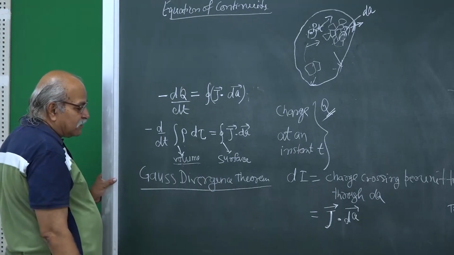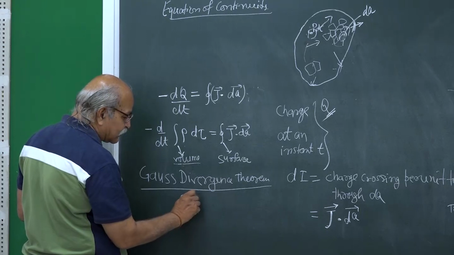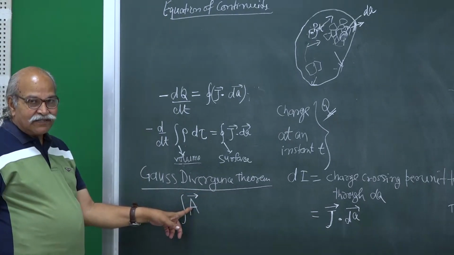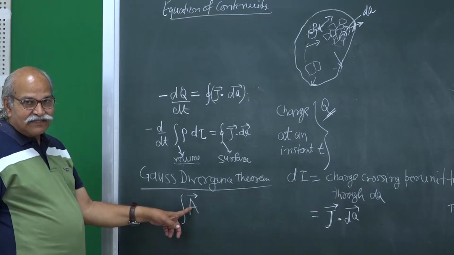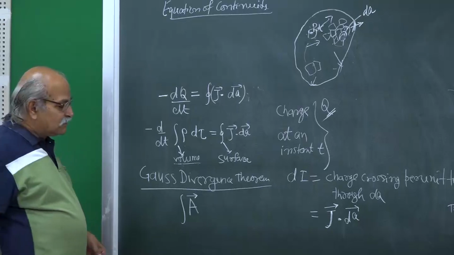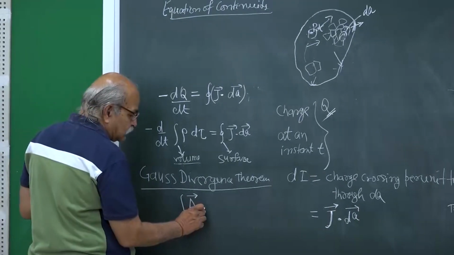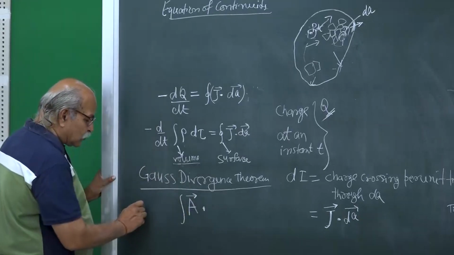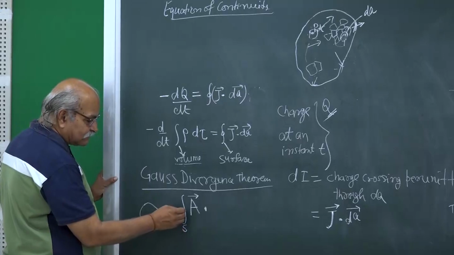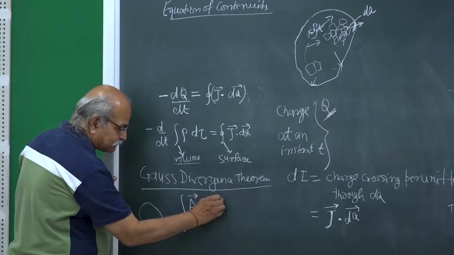It tells that if you have some vector quantity A, which depends on space coordinates x, y, z, it is not a constant vector. At different locations, the magnitude and the direction of this vector can be different. And then you have a closed surface S, and on that surface you are integrating A dot dA.